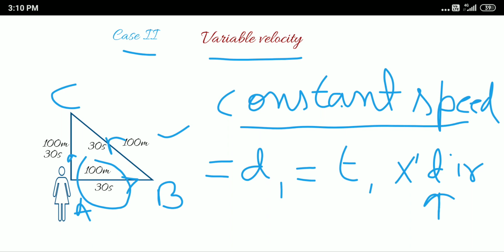So it will also be considered as moving with a variable velocity. It is a very important point, students, that variable velocity will be considered when an object changes its magnitude or the object changes only its direction. In both cases, the object will be considered as moving with variable velocity.